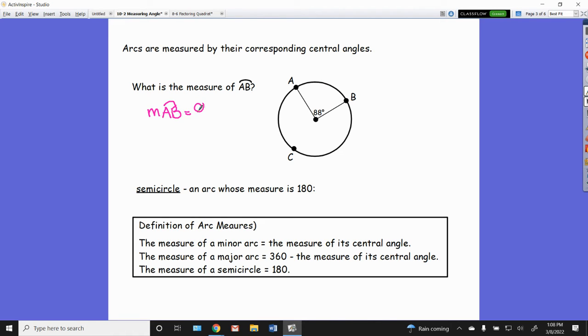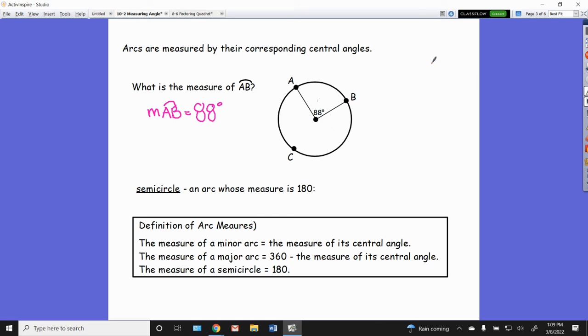In this case, it's 88. So either I give you the arc measure and you tell me the central angle, or I give you the central angle and you tell me the arc measure, or I give you enough information for you to tell me the answer.